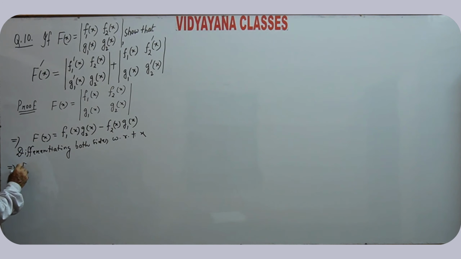Differentiating both sides with respect to x implies F dash x is equal to, it is of the form u into v.